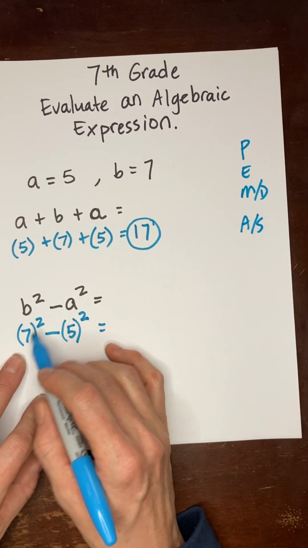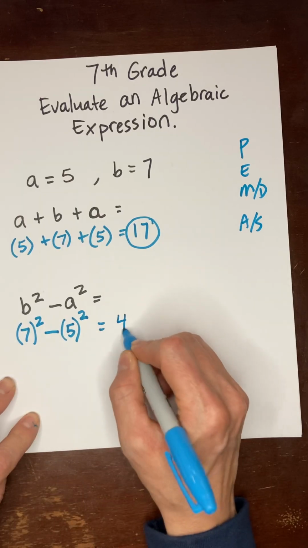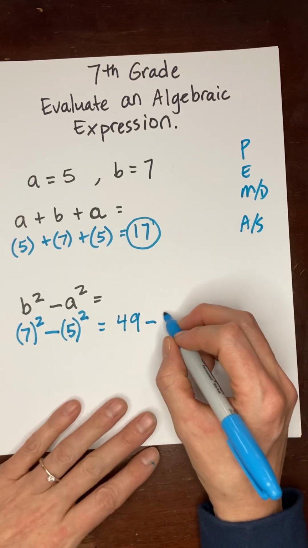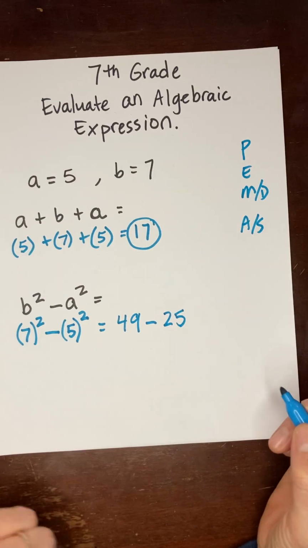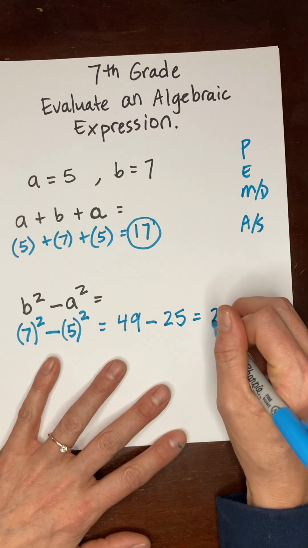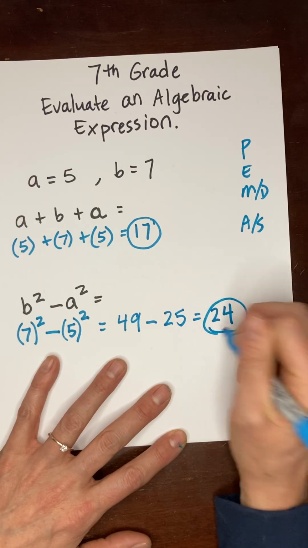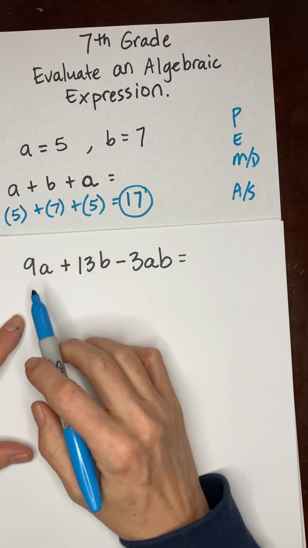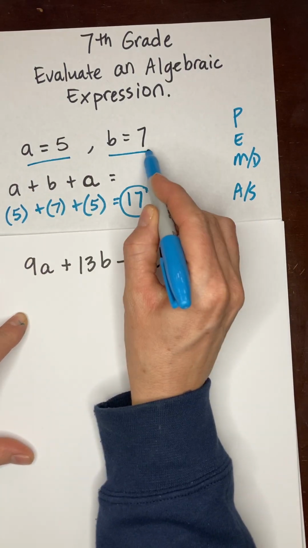So we're going to do 7 squared, which is 49, minus 5 squared. 5 squared is 5 times 5, that's 25. And now 49 minus 25 is going to be 24. So there's my answer.